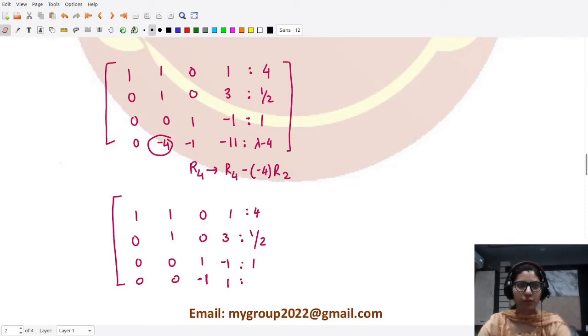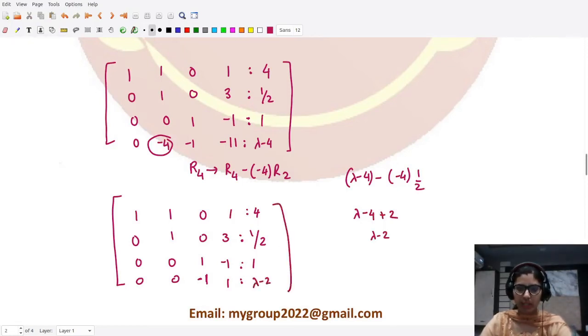For R4 the element is lambda minus 4 in R4, minus of minus 4 times of R2. R2 is 1 by 2. So when you solve this you have lambda minus 4 plus 2, so it is lambda minus 2. So you have lambda minus 2 here, right? So this is the member.